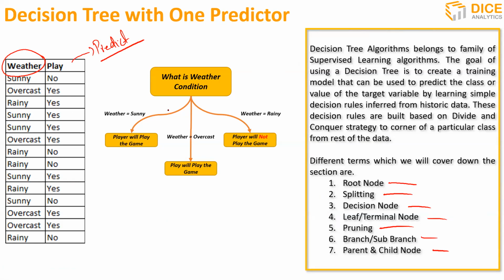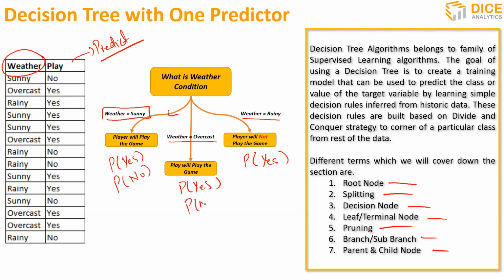So we will split the data based on the condition. If the weather is sunny, what will be the probability of playing the game? If the weather is overcast, what will be the probability? If the weather is rainy, what will be the probability, right? Similarly, if we know the weather today, what's the probability of not playing the game? Similarly, it will be applicable.